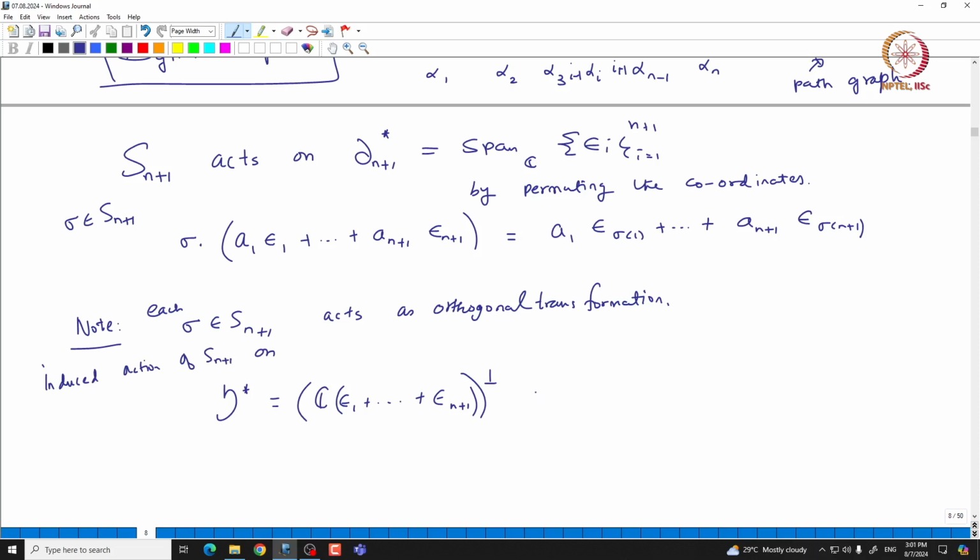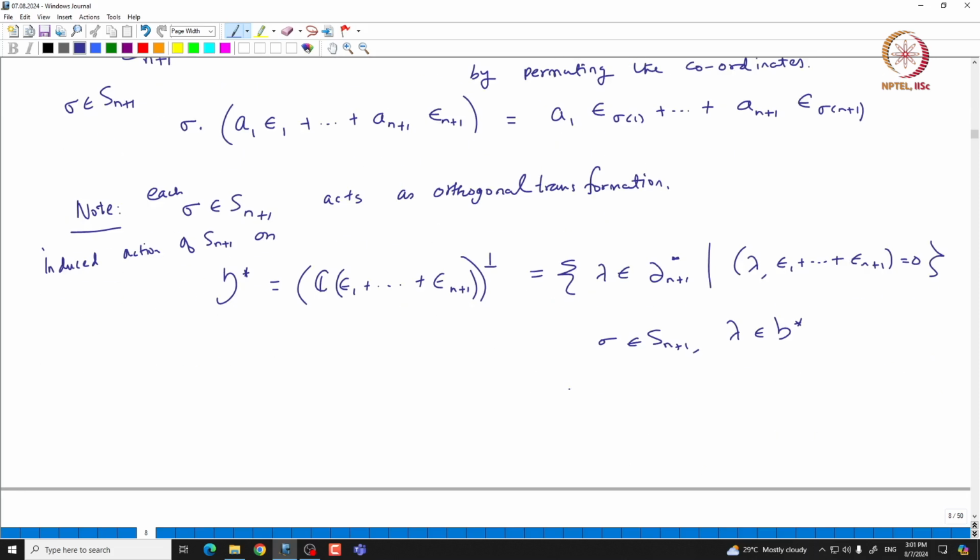That is because by definition this is those lambda in dou n plus 1 star such that lambda inner product with epsilon 1 plus etcetera epsilon n plus 1 is 0. Now if you take sigma in S n plus 1 and lambda in this space, then lambda comma epsilon 1 plus etcetera epsilon n plus 1 is 0. If you apply sigma, you get sigma lambda comma sigma of epsilon 1 plus etcetera epsilon n plus 1.